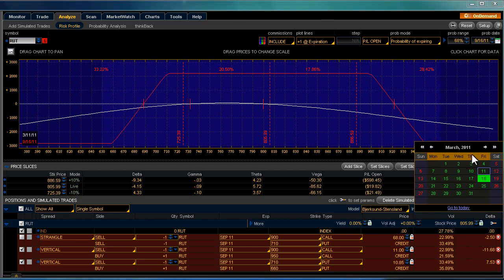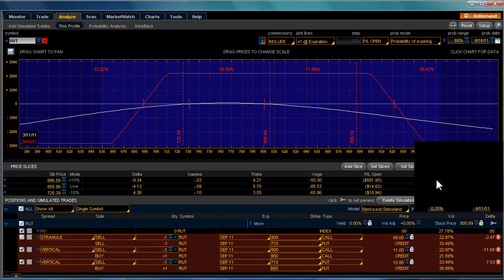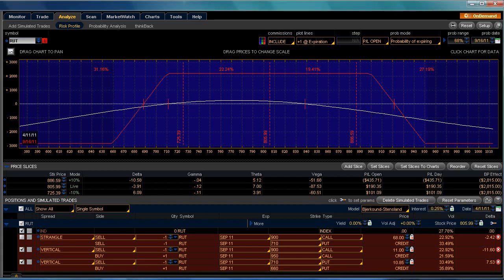Let's go back to looking out a month, the 11th of April, and let's play with volatility. Let's say we increase by 1. Now you look right here, we're at $203, right? So let's do a plus 1% in volatility.